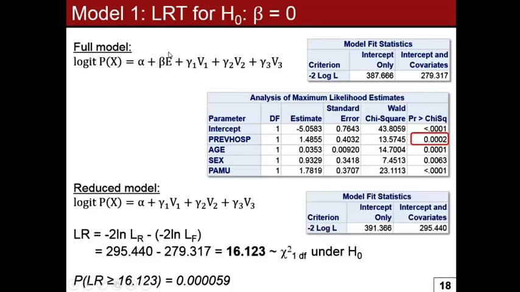And so we run that model. We get, on the bottom here, the second run of the model, and then here is the new -2 log likelihood. It's this thing. And we use the formula presented earlier, which is the reduced model's -2 log likelihood minus the full one's.